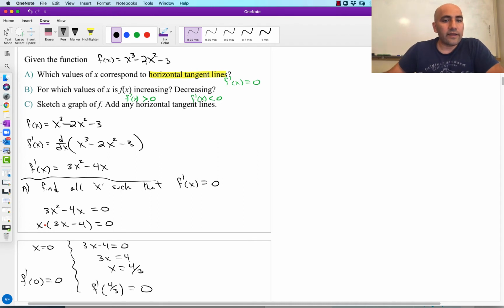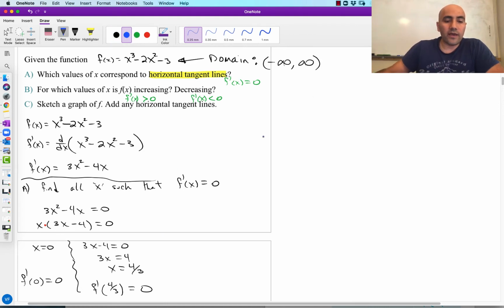Coming back to the underlying function, the function is valid at 0 and at 4 divided by 3. Those two points are in the domain of this function, right? The domain of the original function is all real numbers. It's a polynomial, so it goes from negative infinity to positive infinity.